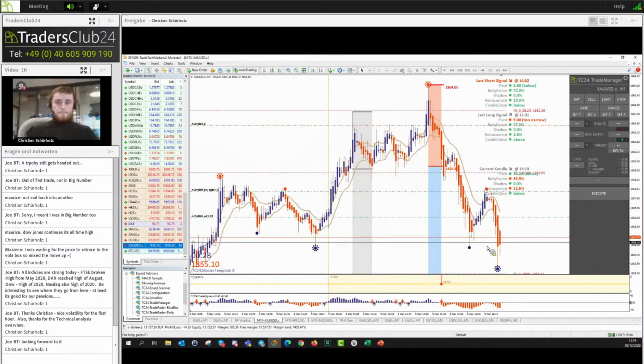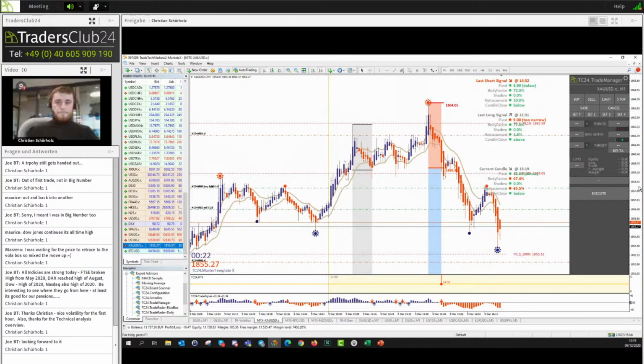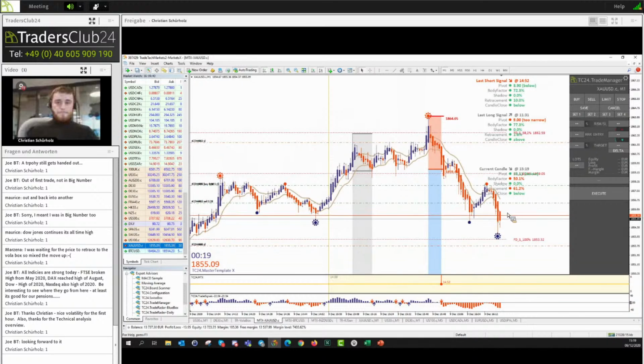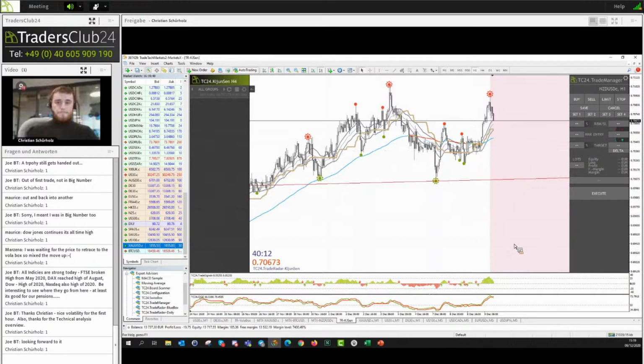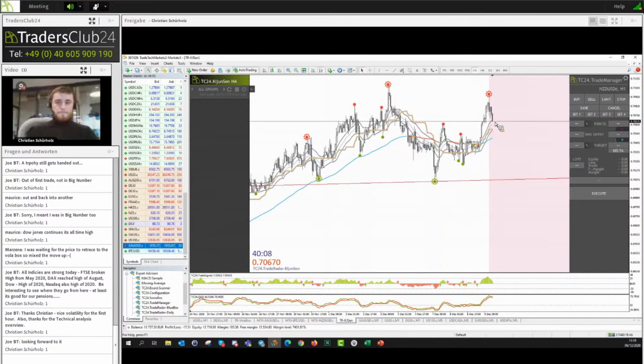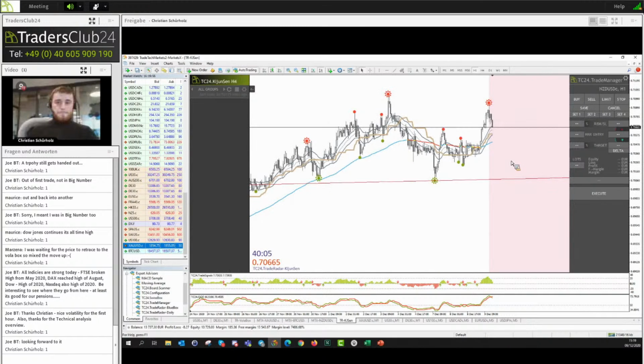Have another look at gold over here. So again, we've got a blue sun setting us up for a buy signal next. So as soon as we get that signal candle for a buy, we can then act on that signal. Kijun-Sen also might be setting us up for a long sell.